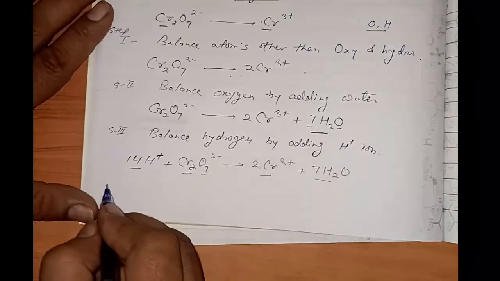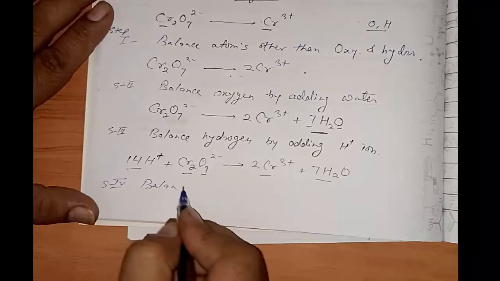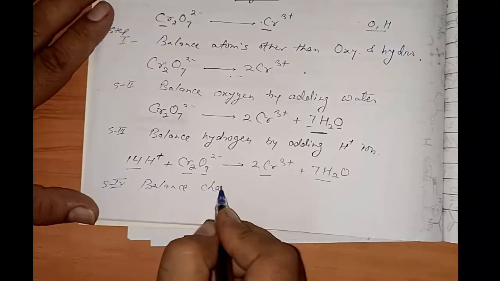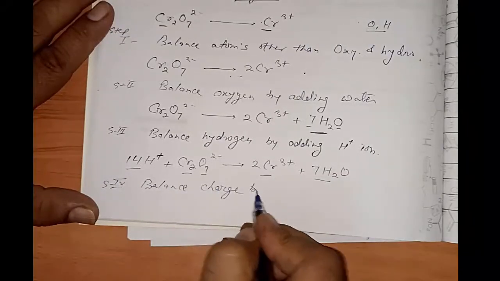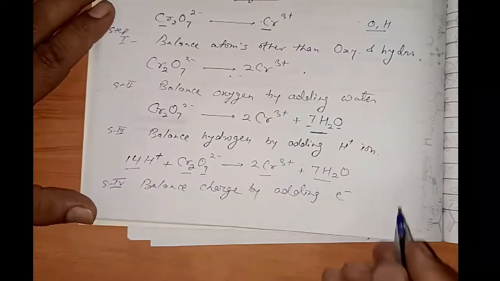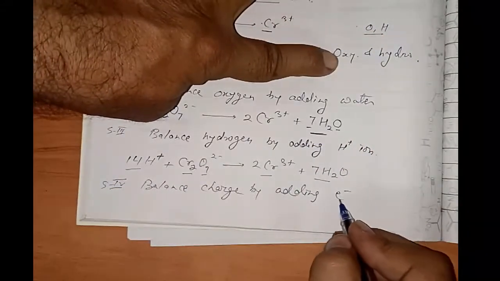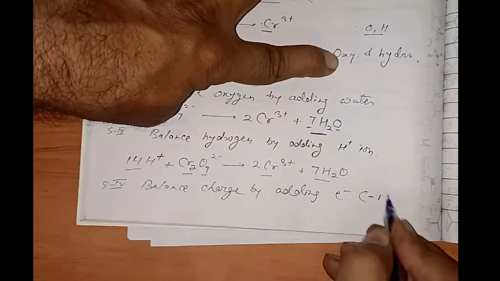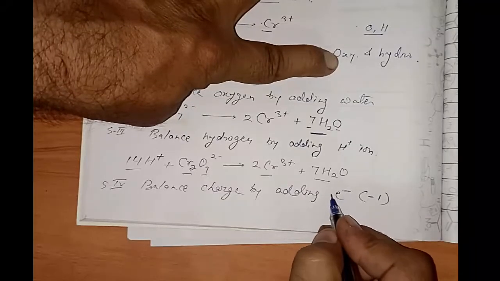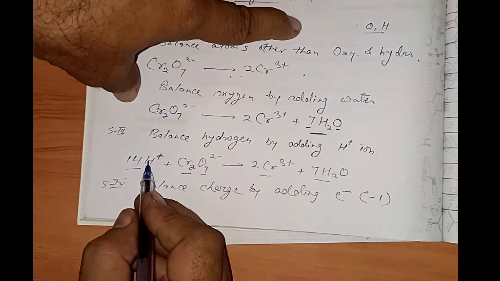Now in step 4, balance charge by adding electrons. Remember, one electron is considered as -1 charge. Now how much total charge here?